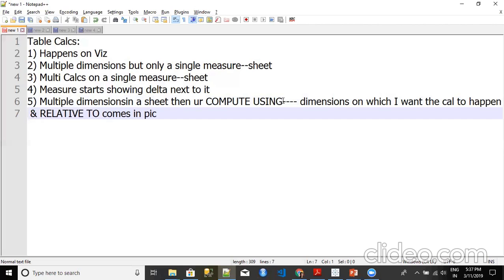Now, what do I mean by this is, imagine I have, let's take an example of subcategory rank. Okay, now if I want to rank all my subcategories according to sales, in this case, I'm going to have just one dimension that is subcategory, and the measure is sales. So I don't have to worry about compute using or relative to.